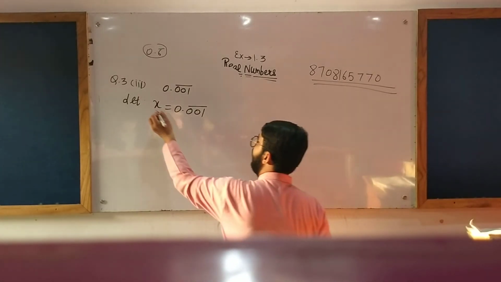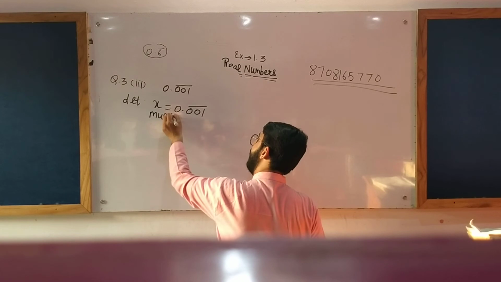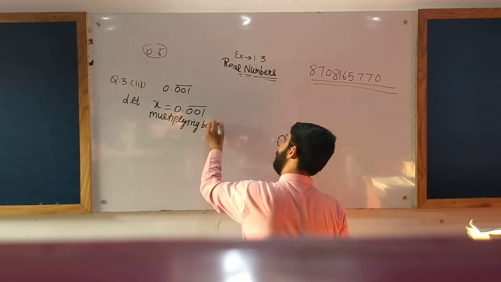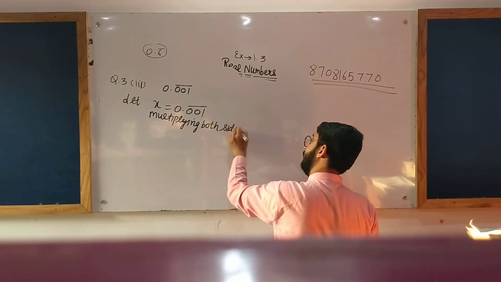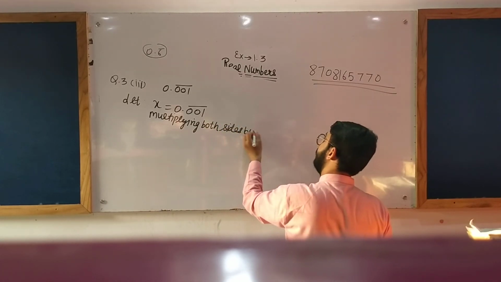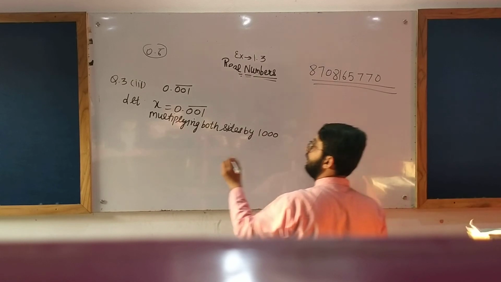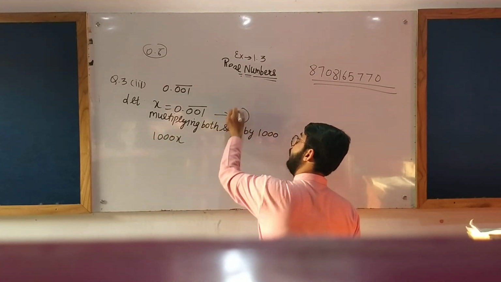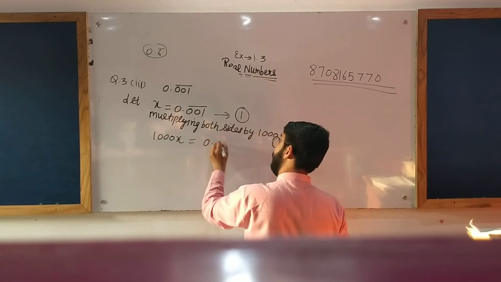Bar is present on the 3 digits now, so we will multiply both sides by 1000. 1000x, give it equation number 1. Listen to me.